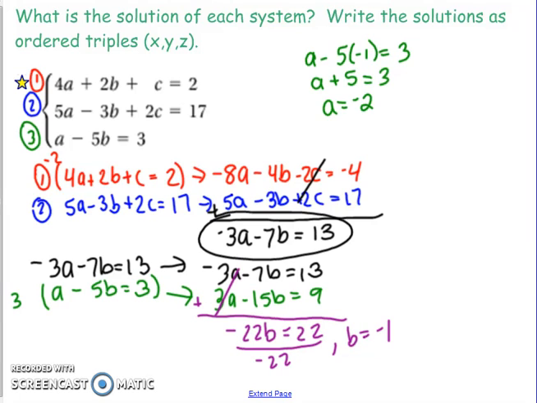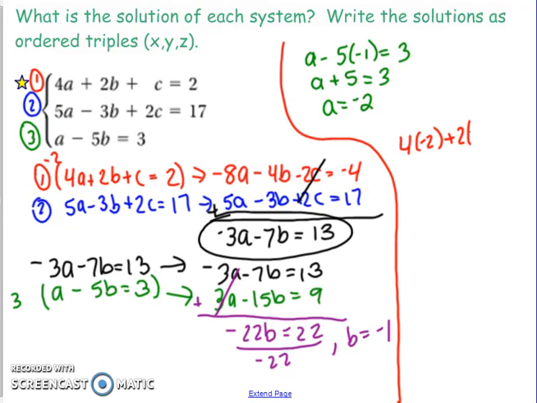So now I can go to one of the first two equations and plug in my a and my b. So I'm going to go to the first equation. So 4a, I know a is negative 2, plus 2b, which I know is negative 1, plus c equals 2. So this gives me negative 8 minus 2 plus c equals 2.